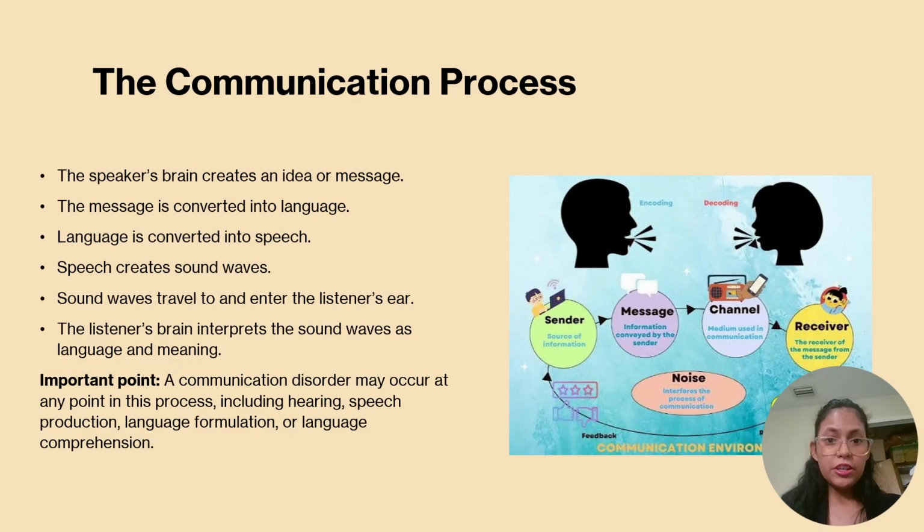In the listener's ear, the brain interprets the sound waves as language and meaning, which get processed to form a reply. It is important to know that a communication disorder may occur at any point in this process, including hearing, speech production, language formulation, language comprehension, or multiple at a time.